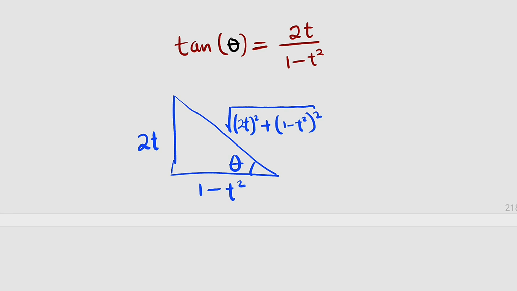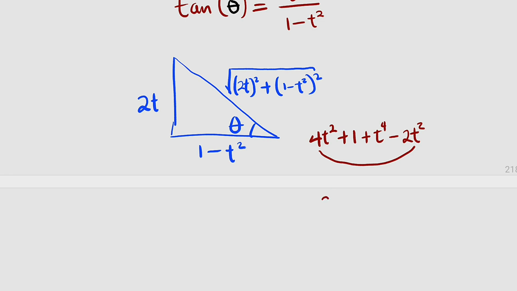So let me expand the argument, which is the term under the square root. (2t) squared is 4t squared, plus this one, you have first term squared, 1 squared, plus second term squared, (t squared) squared is t to the power of 4, then minus 2 times 1 times t squared is 2t squared. This minus this is 2t squared.